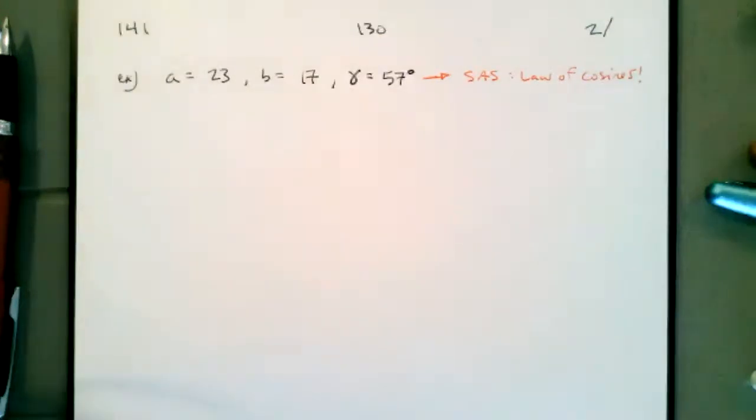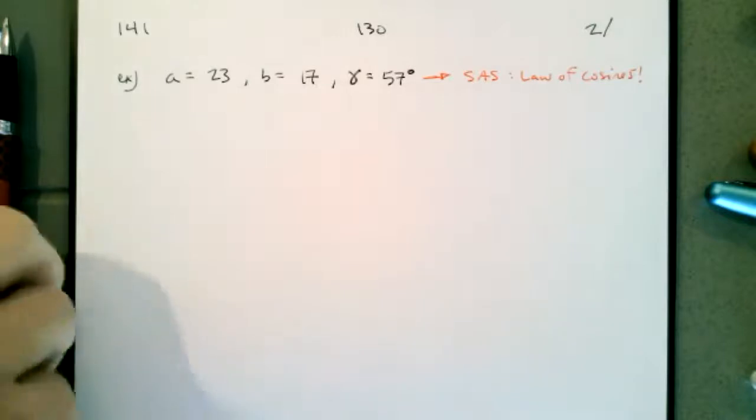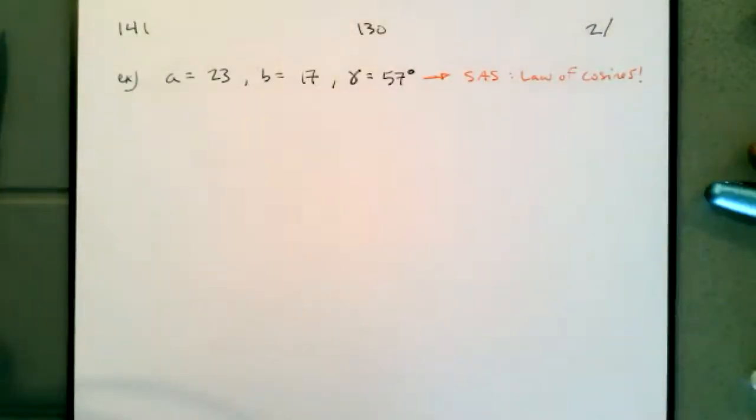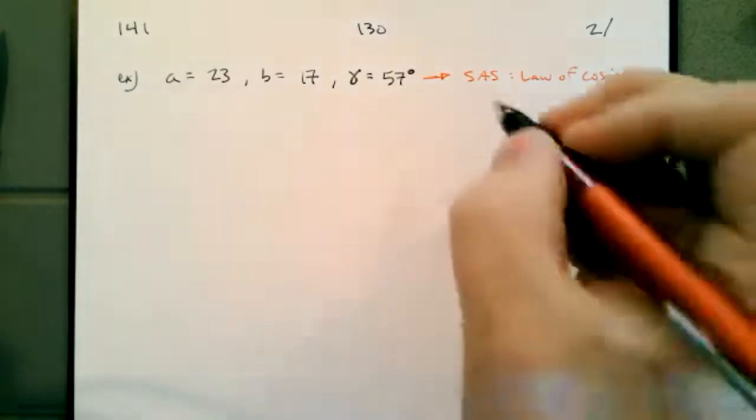The side that we solve for is opposite the angle that we have. So if you're using the law of cosines from the SAS case, solve for the side opposite the given angle first.